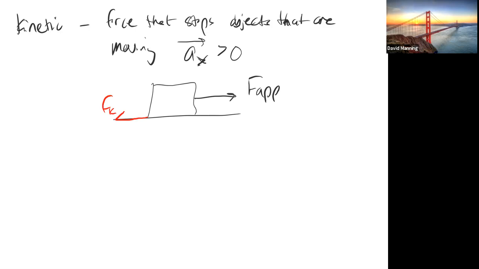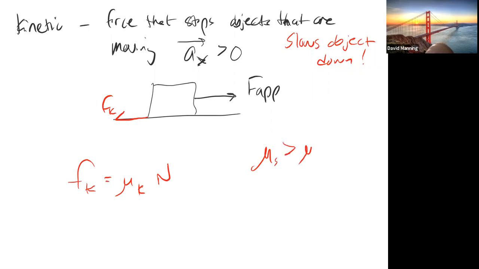So Fk slows the object down. And the formula for kinetic friction is Fk equals mu k times the normal force. It's a k. Mu s is always greater than mu k. It's harder to start something moving than to keep it moving.